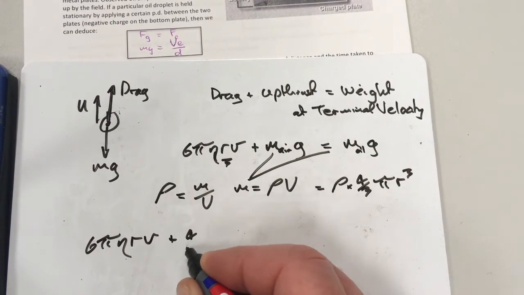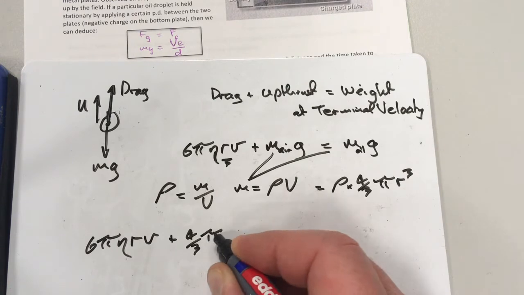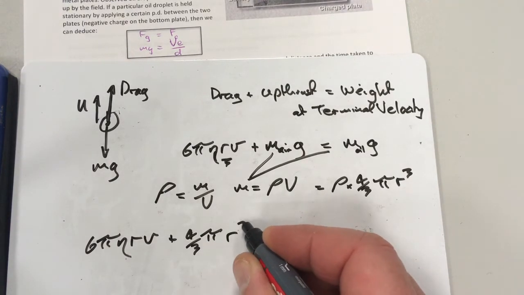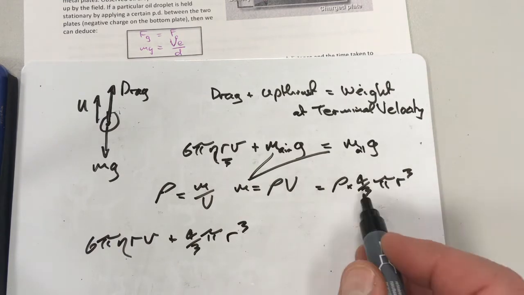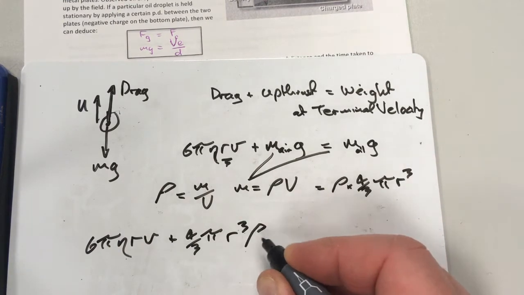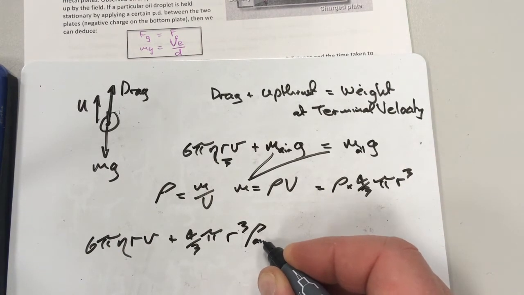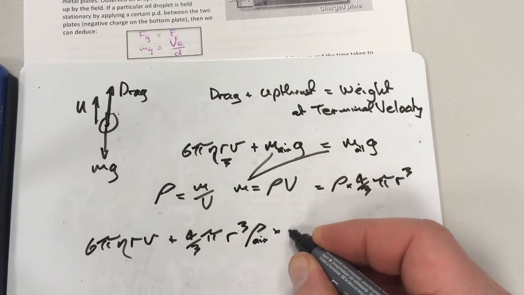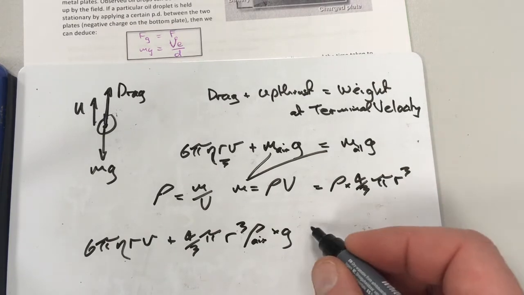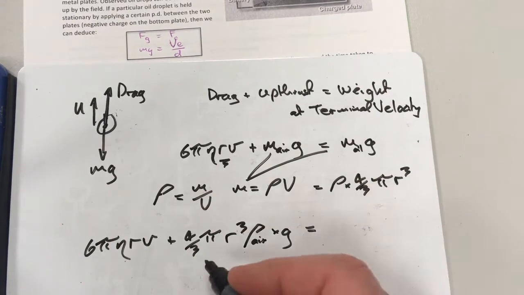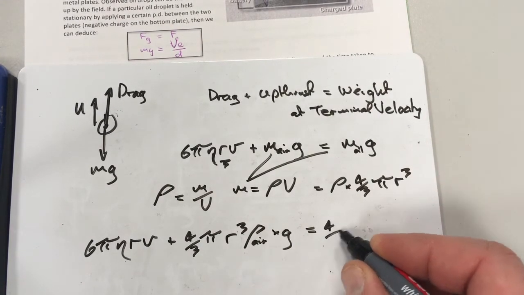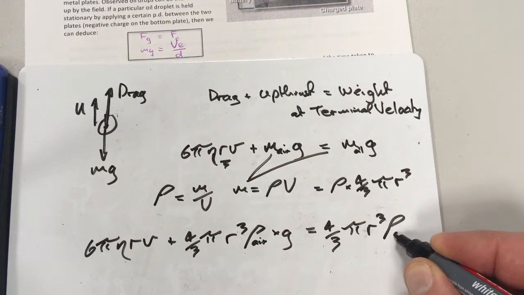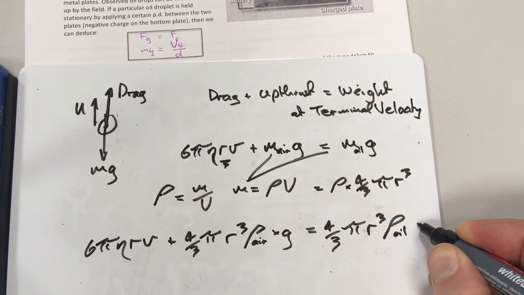So we've got 4/3 pi r cubed times by density of the air, because it's the mass of the air that we're trying to find, multiplied by g. And on the other side we have exactly the same but with the other density. So 4/3 pi r cubed rho oil g.